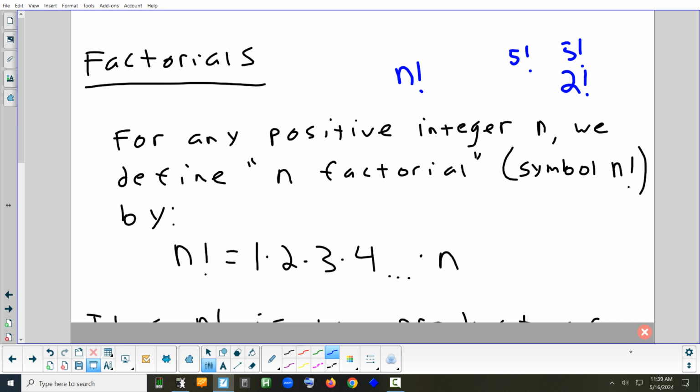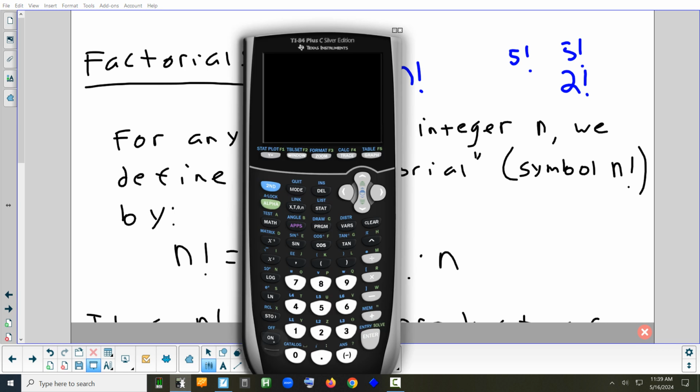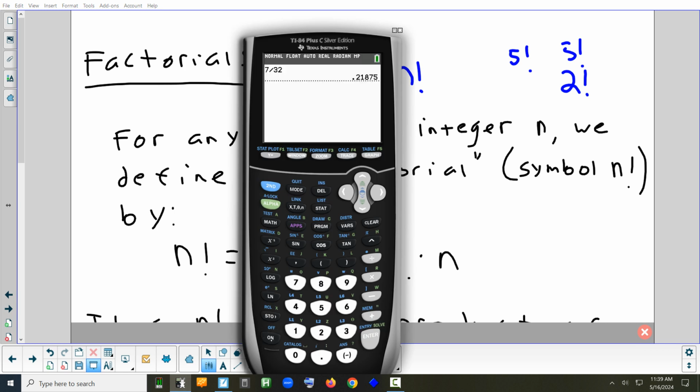So factorials get very big very quick. If you even just type in 10 factorial on your calculator, the product of every number from 10 down to 1, that's pretty big. It's under math, I think it's probability, and it's the 4th option down.